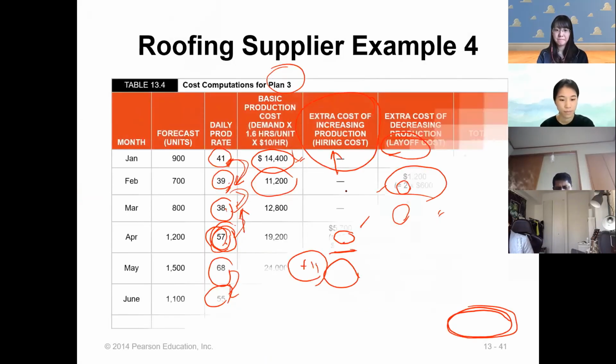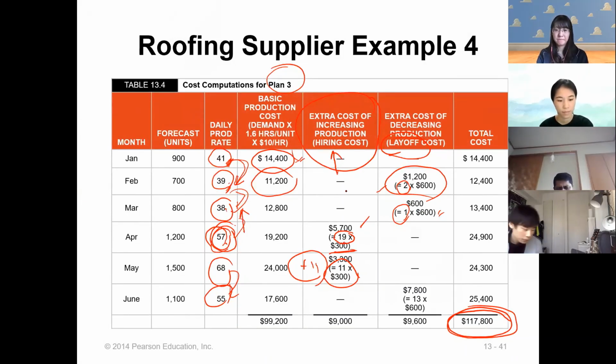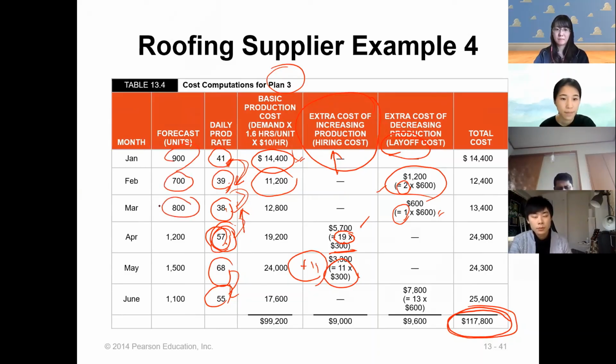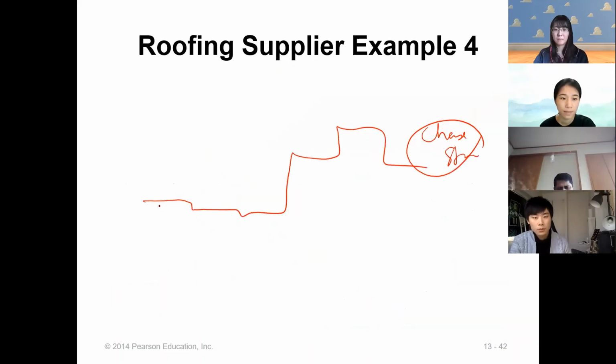And finally, we have this following the demand. You produce 900, 700, 800. We produce accordingly, but we have to pay the extra cost of decreasing production and the extra cost of increasing production.